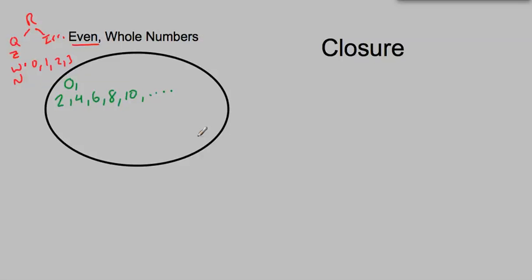So we talk about closure. Closure is another one of those things, just like identity or inverse, where we need an operator to talk about it. We say, is this set of numbers, even whole numbers, closed? Well, we have to specify, is it closed under addition? Let's take a look.